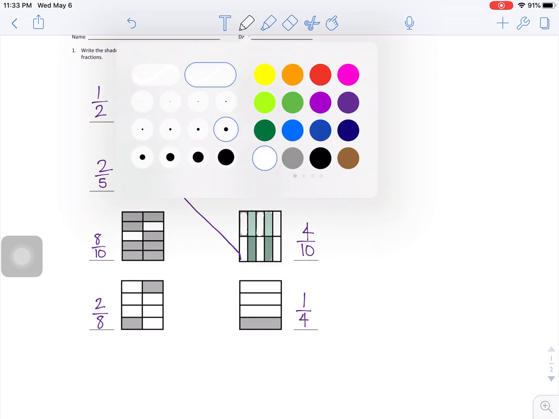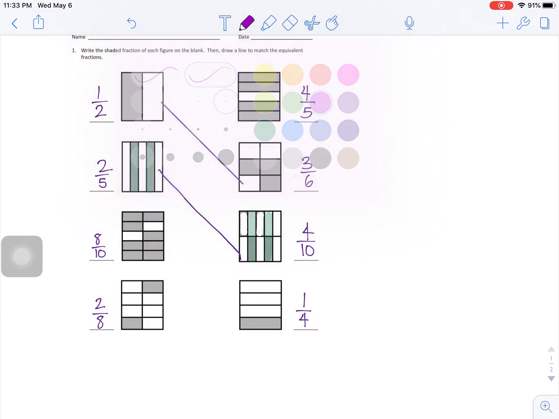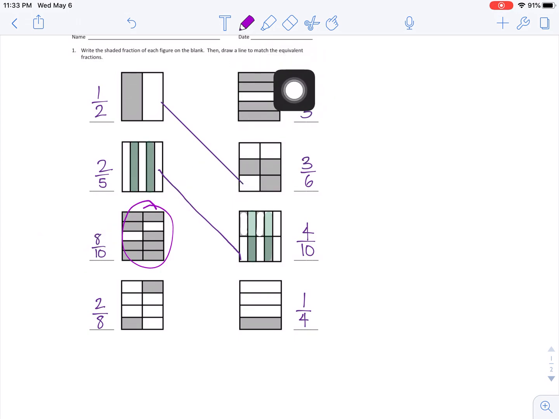Now, to change my pencil back, now I have 8/10. Well, look at 8/10. What do you notice about this figure right here, 8/10? I notice that it is almost all the way filled in. And I look over here on the right side and I can see, oh, 4/5 is almost all colored in, but 1/4 is not all the way colored in.